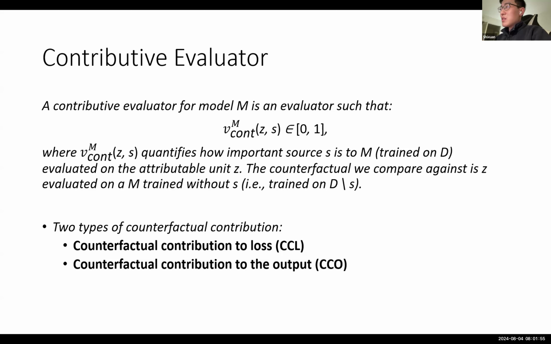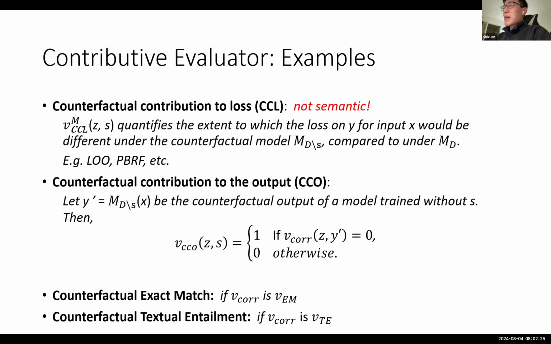In most of the TDA papers, we focus on the effect on the loss of removing one training instance, which we call the CCL, counterfactual contribution to loss. However, another kind of evaluator was proposed by these authors, called the CCO, counterfactual contribution to outputs. We'll take a look one by one.